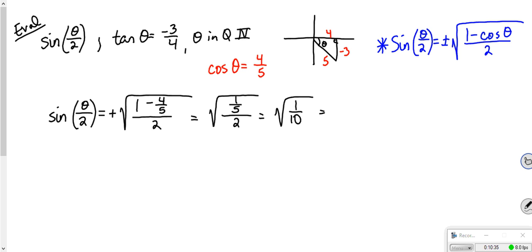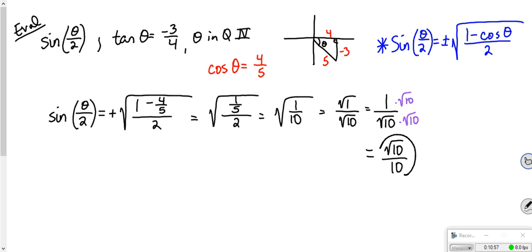So this is square root of 1 over square root of 10, which is 1 over root 10. I don't know why I'm taking this to the extreme here. Then to rationalize the denominator, we multiply top and bottom by root 10. So you would end up with root 10 over 10. That would be your answer.